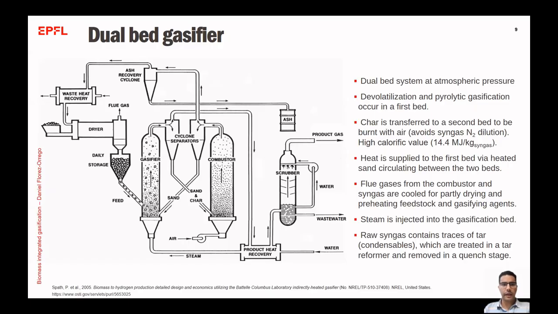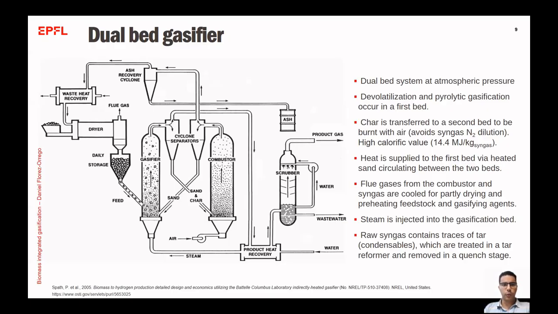The char is sent together with the sand, that is the energy carrying material between the two beds, and then here the combustion can be achieved by using air, because we are not diluting the syngas that we are producing in the gasifier with the flue gas that we are producing in the combustor.